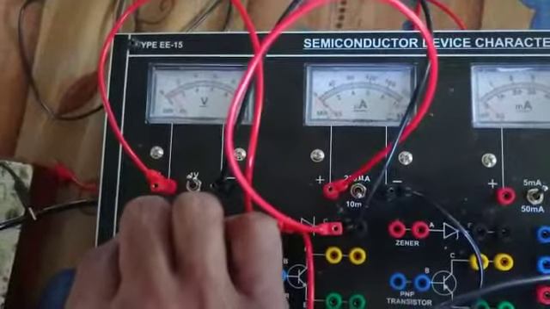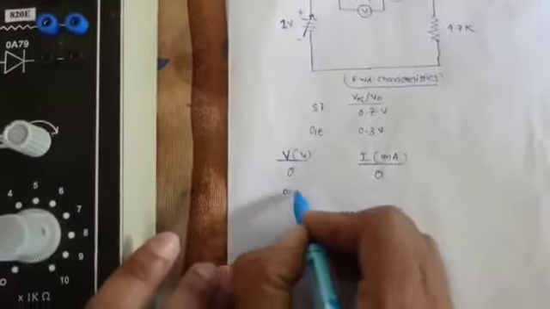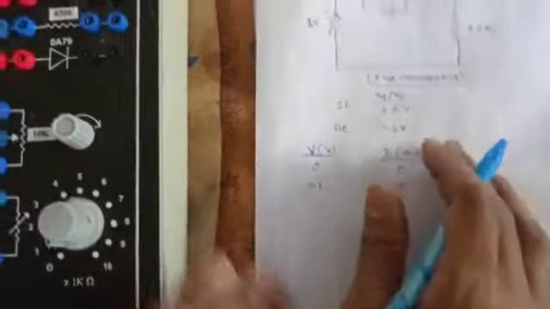For 0 volt the current is 0 milliampere. For 0.1 volt the current is 0 milliampere.